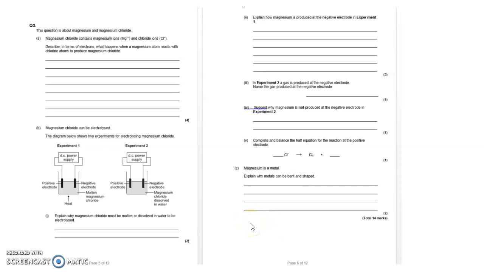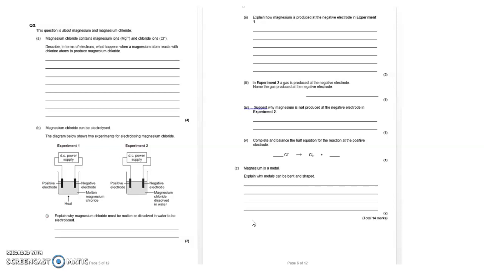Okay, some guidance here for question 3a. We've practiced this. Magnesium chloride is an ionic compound made of magnesium ions, note that they are 2+, and chloride ions, which are 1-.